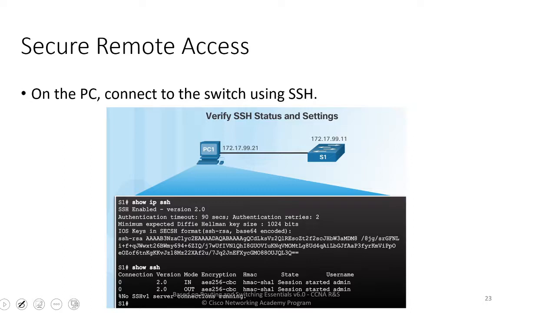So we will go into the switch and enable SSH, and once it is enabled, we can connect from the PC to the switch using the SSH command. And then again in the switch we can verify how many users, which users, are connected through SSH and so on. That can also be verified there.